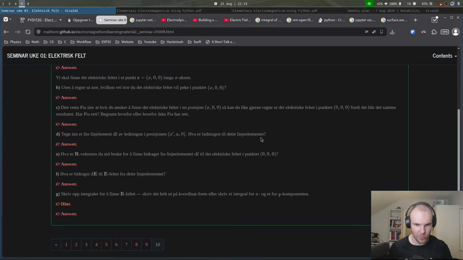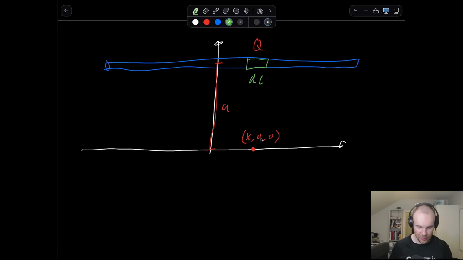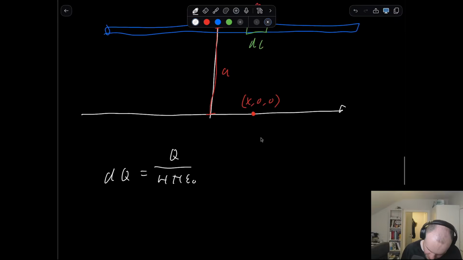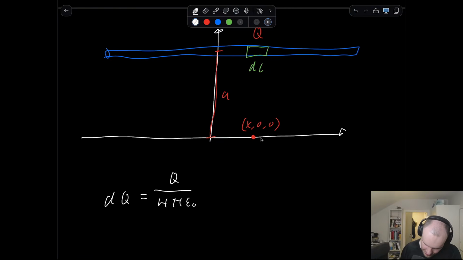And what is the charge for this line segment? That would just be dq, right? So dq is equal to the same thing, so that will just be q over 4 pi epsilon 0, and that's dl. We can just use dx, of course, then.